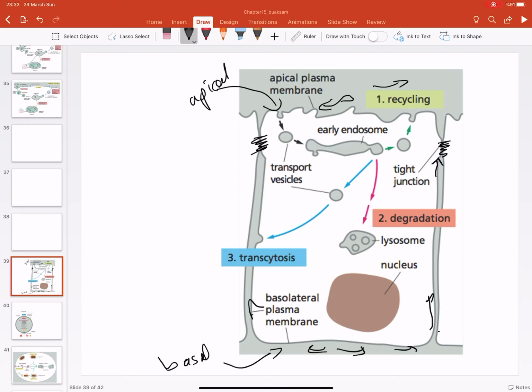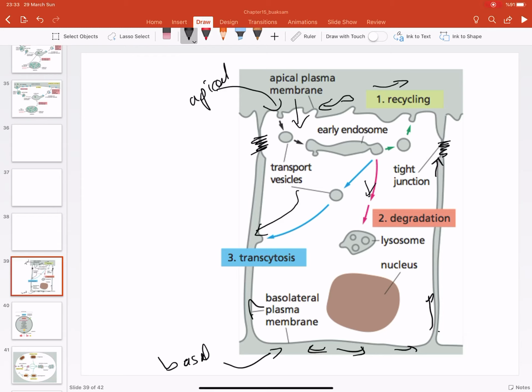Okay. Sometimes they can be taken from outside by endocytosis and can be used here, but sometimes a vesicle is taken from one surface and it's just released to the other surface. It's a way of transport.